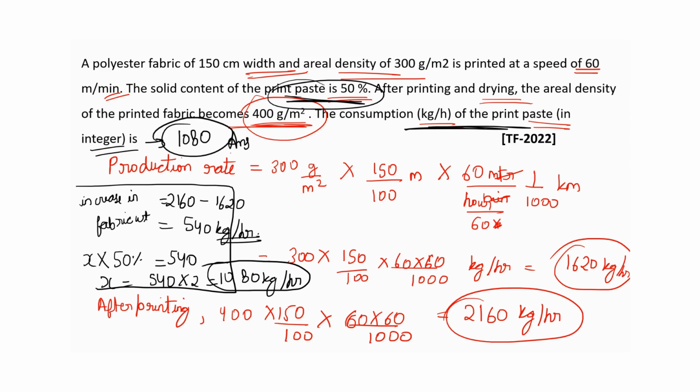This is the answer. I think by now you have understood how the GATE questions are asked and how to solve them. This is not a very typical type of question, you just need to be clear with the fundamentals of textiles as well as the basic formulas. You should be mentally aware what is asked, what is given, what to do, and how to focus on numericals, how to focus on the units given, because they play with the units.